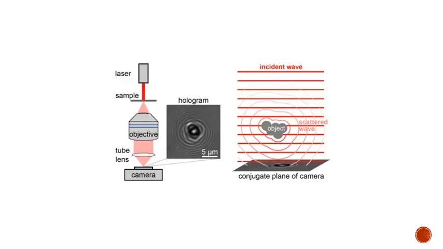And this is a simple setup they use for a holographic microscope. The holographic microscope has a laser, a sample, an objective, a tube lens, and a camera.